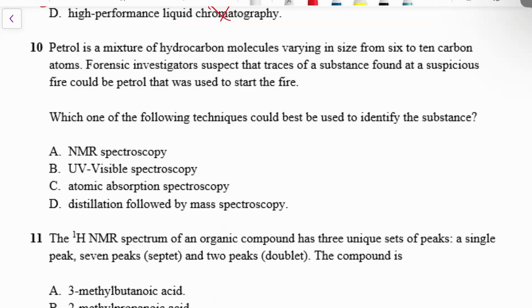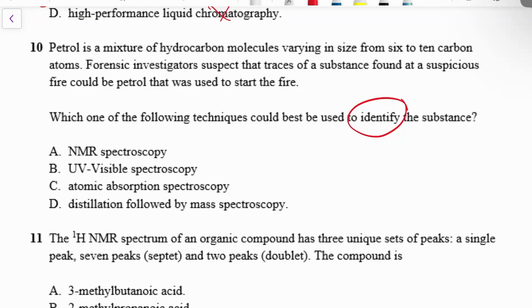Now, if you're identifying something, you want it to be distinct and easy to read, so that you know this definitely belongs to that. So you want a technique that will give you different signals. For NMR spectroscopy, in organic compounds we see a lot of CH3s and a lot of CH2s, and it only changes if you have an oxygen or something that pulls it one way or the other.